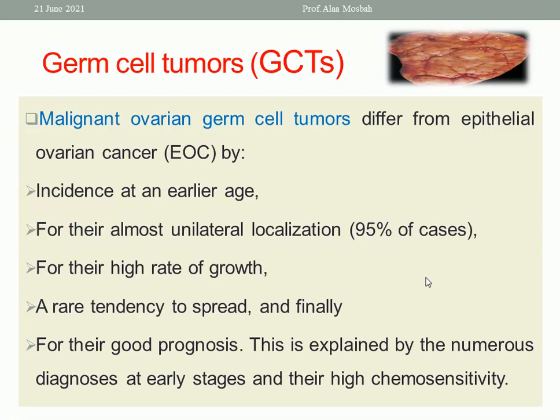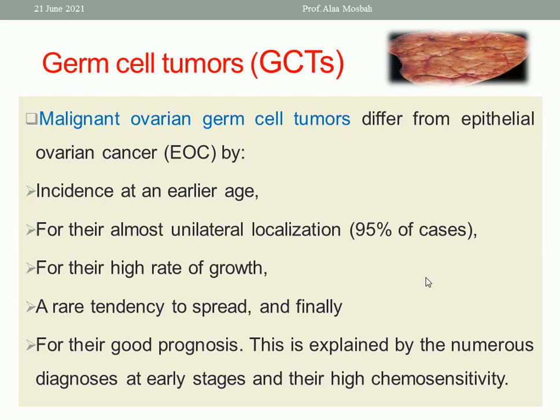What is the difference between germ cell tumor and the epithelial ovarian tumor, the epithelial ovarian cancer specifically? Germ cell tumor occurs at an earlier age. There is almost unilateral localization, 95% of cases unilateral. Their high rate of growth is another difference. Rare tendency to spread.